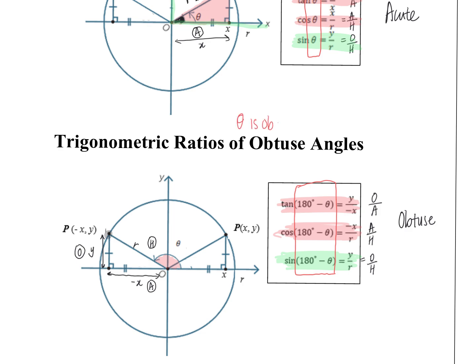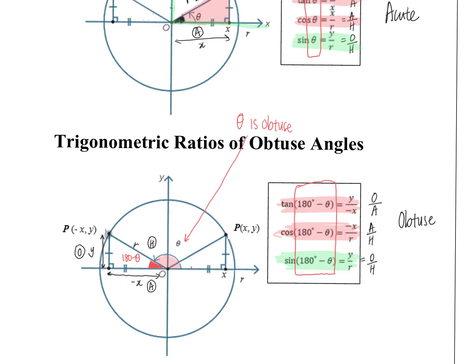When the theta is obtuse, that means more than 90 degrees. But when we are referring to the right angle triangle, what is the angle in the right angle triangle that we are using? To represent this, can you see that this angle here is 180 minus theta? Instead of writing it as theta, we'll write it as 180 minus theta. We always put in a smaller value.